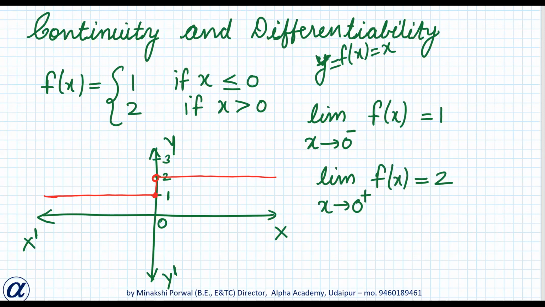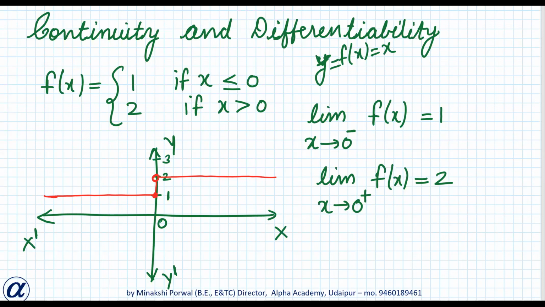Now, with the simple definition of continuity we saw, is this function continuous? No, it is not continuous. Everywhere else we are able to draw it, but without the point at 0 we cannot plot this function completely. Therefore it is not continuous.